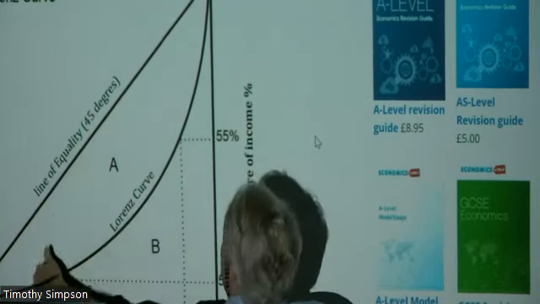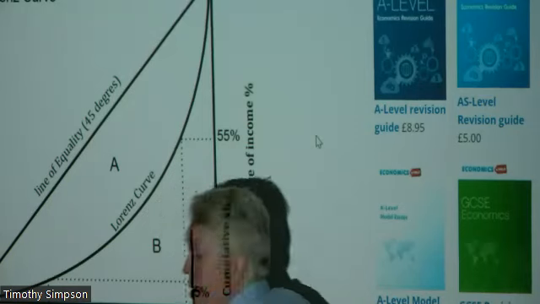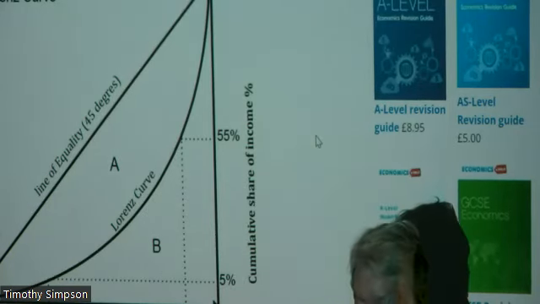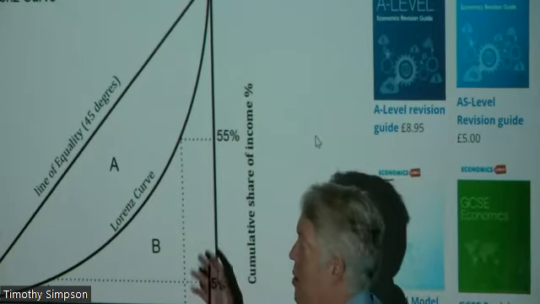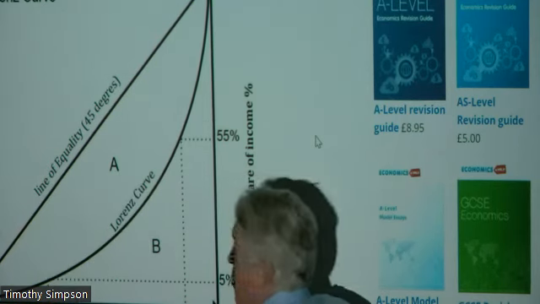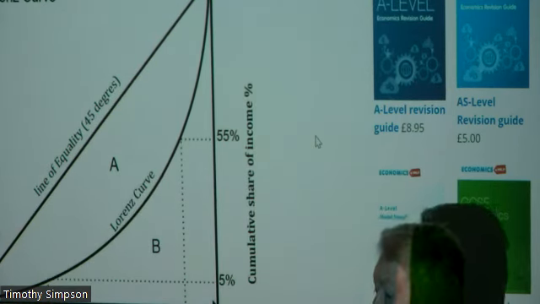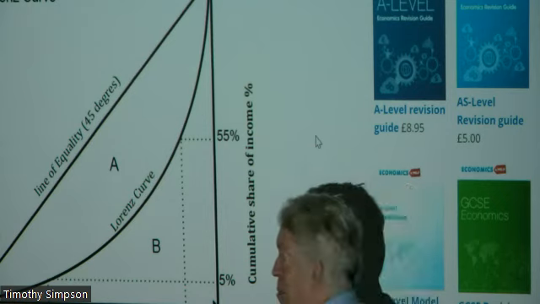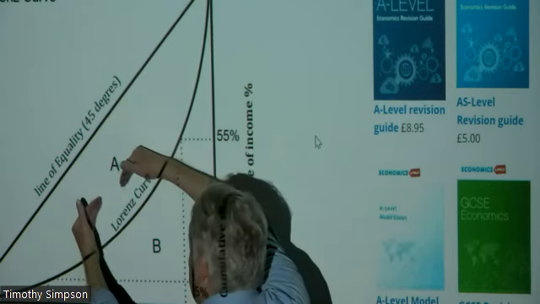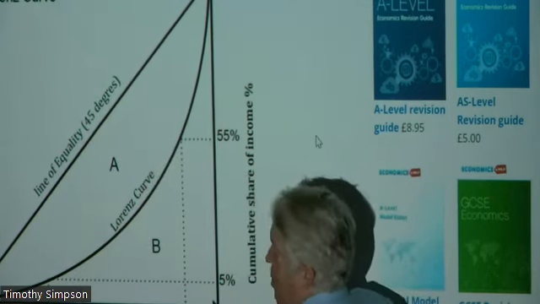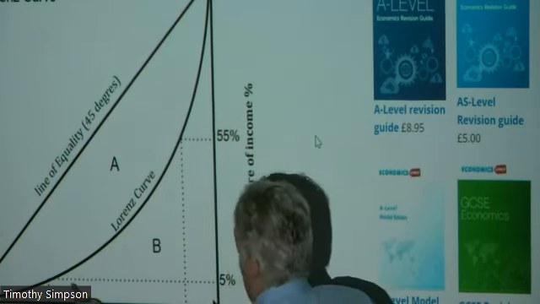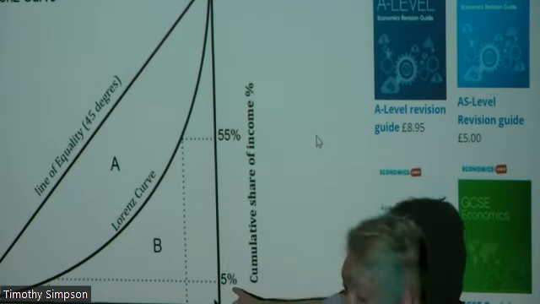So this line of equality basically bisects this right angle of the graph. If we were equal, we would all line up on that line. Well, we know that there's inequality of income, and to the extent there's bowing outward, it represents inequality. What does it mean? It means that the bottom 20% of households earn about 5% of the income.